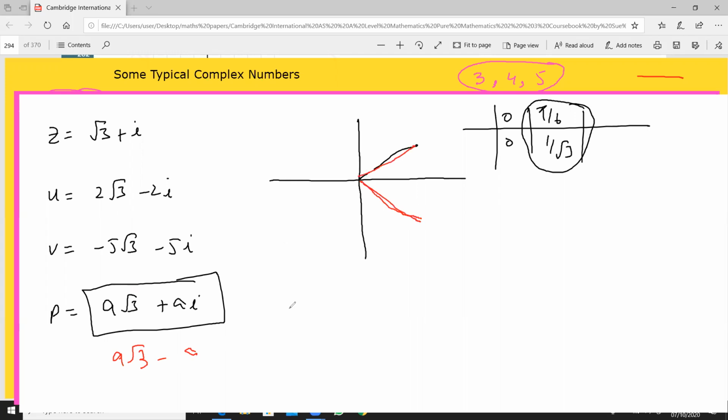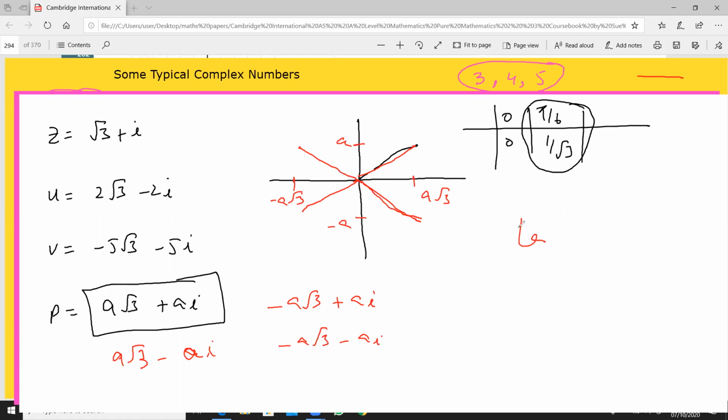And then you have minus a under root 3 plus a iota, so this is minus over here. And for minus a under root 3 minus a iota, you will have it over here. Okay. So this is your a under root 3, this is your minus a under root 3, this is your a, this is your minus a.